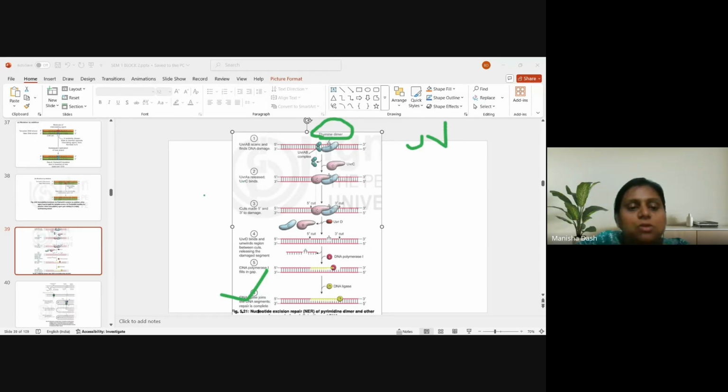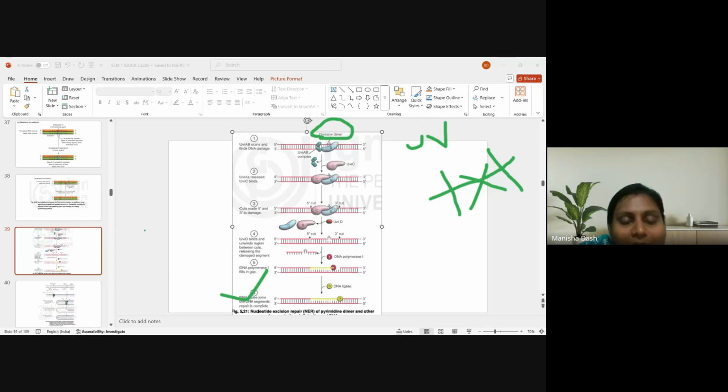As the name suggests, nucleotide excision repair means a nucleotide. DNA is called a polynucleotide because it is made up of repeating units of nucleotides. Here excision means to cut. So as the name suggests, the part of the nucleotide that contains the mutated or problematic region will be cut or excised.